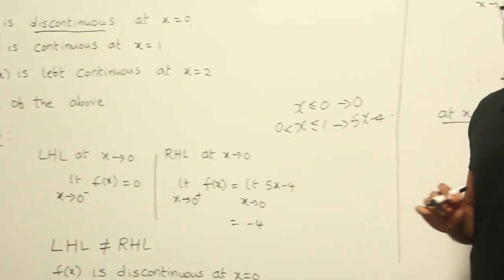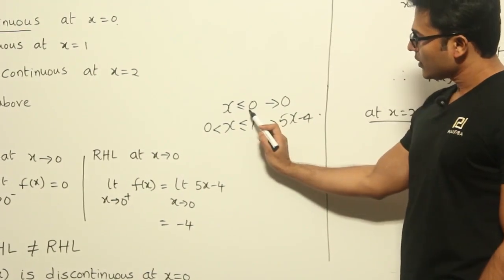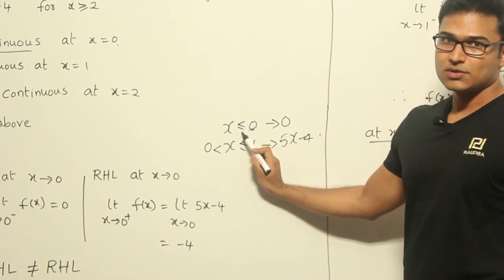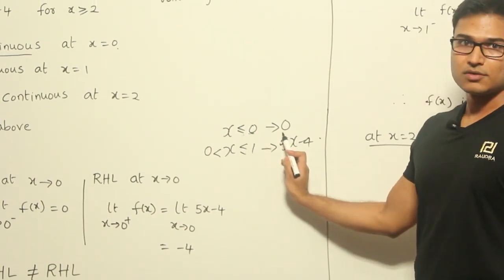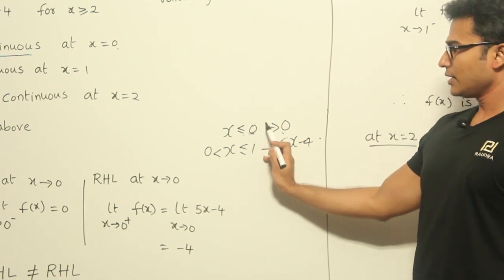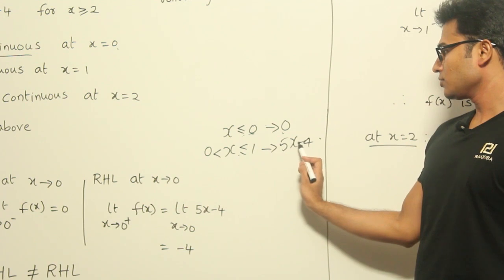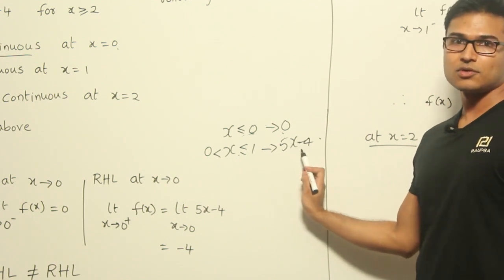This is given, right? So what does it mean? Whenever x is exactly 0, or slightly less than 0, the value is going to be 0. And whenever x is slightly greater than 0, we are going to come here and it is going to be 5 into 0 minus 4, which means it is going to be minus 4.